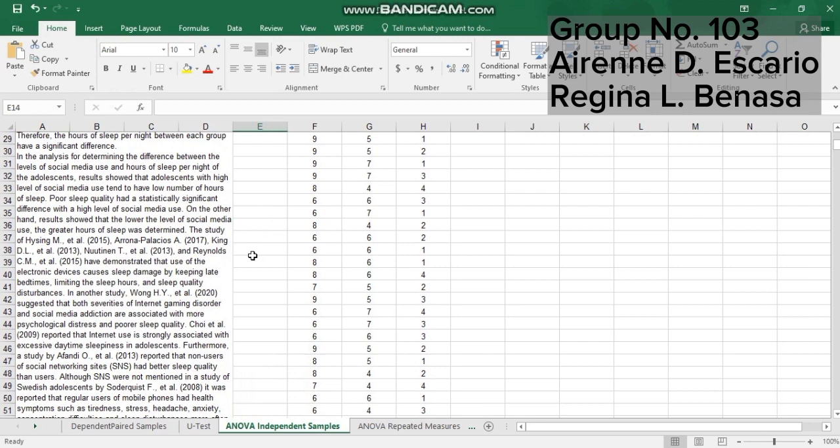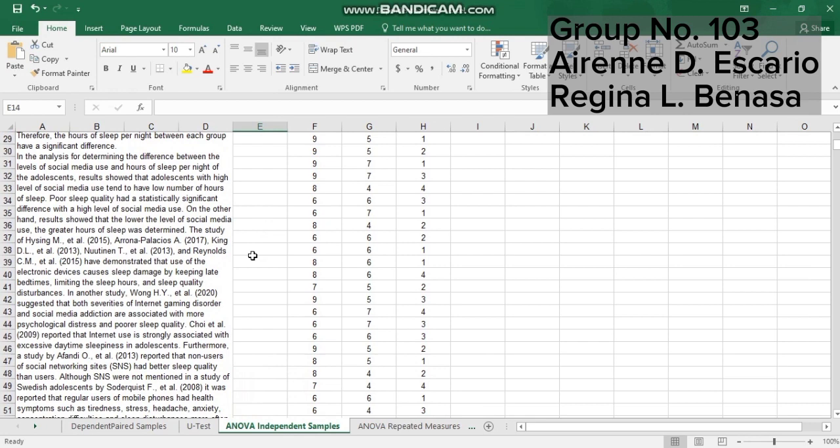Poor sleep quality had a statistically significant difference with a high level of social media use. On the other hand, results showed that the lower the level of social media use, the greater the hours of sleep.